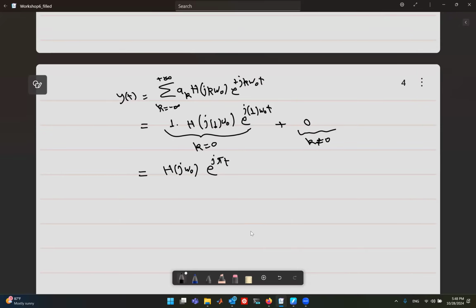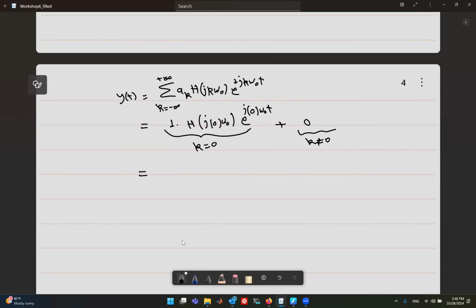sorry, I made a mistake. K here is not 1, right? We're using k equals 0 here, so this is 0 and this is 0, right? Yeah.